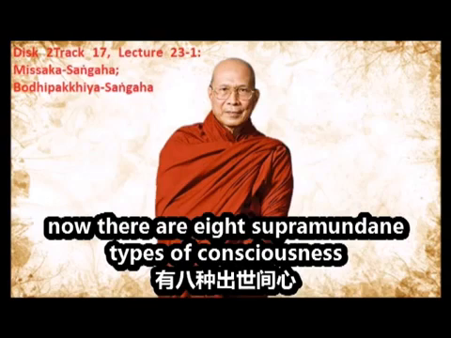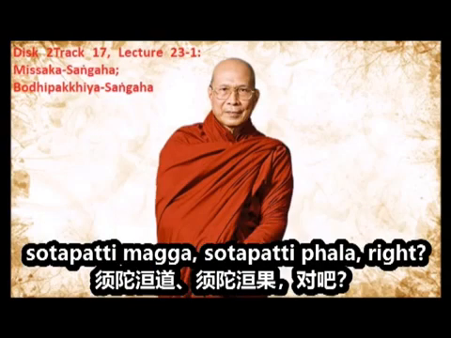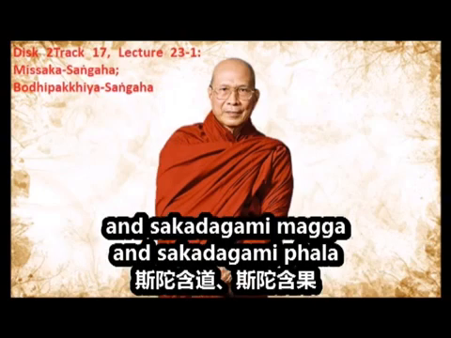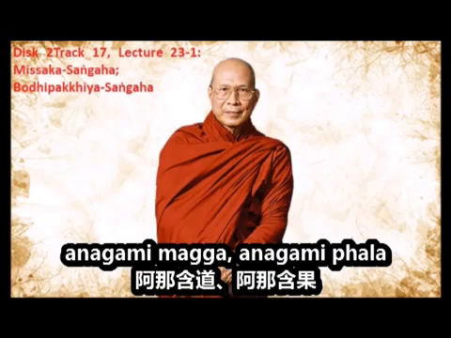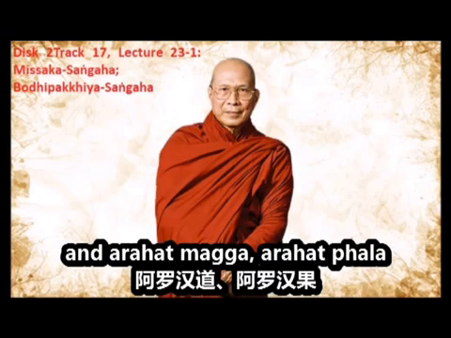Now there are 8 supramundane types of consciousness. Sotapatti Magga, Sotapatti Phala. And Sagadagami Magga, Sagadagami Phala. Anagami Magga, Anagami Phala. And Arahata Magga, Arahata Phala.